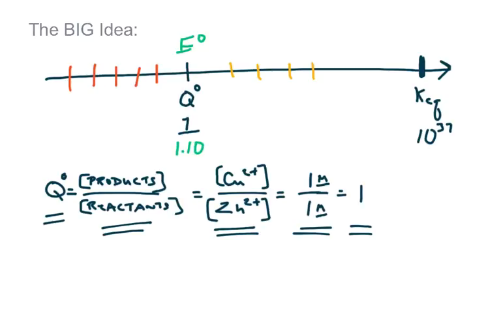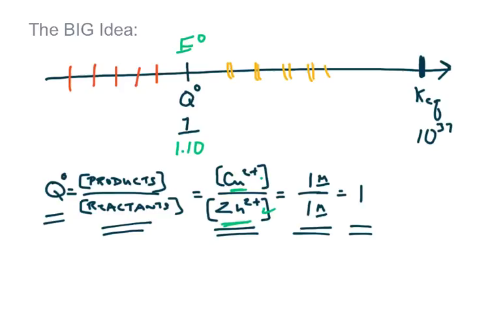So if I just let my reaction go, then some of my reactants are going to turn into products, and I can see that my numerator is going to get larger, my denominator is going to get smaller, and I'm going to get a larger and larger value, and I'll end up over here somewhere, closer to equilibrium. In fact, if I let it go long enough, I'll reach equilibrium.